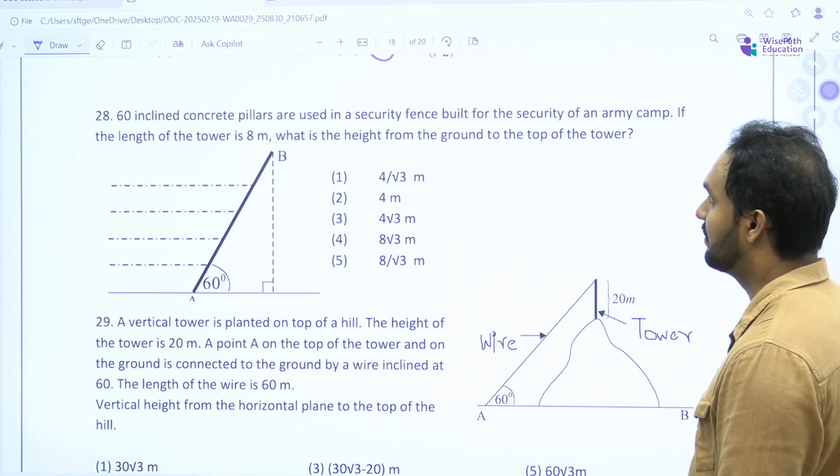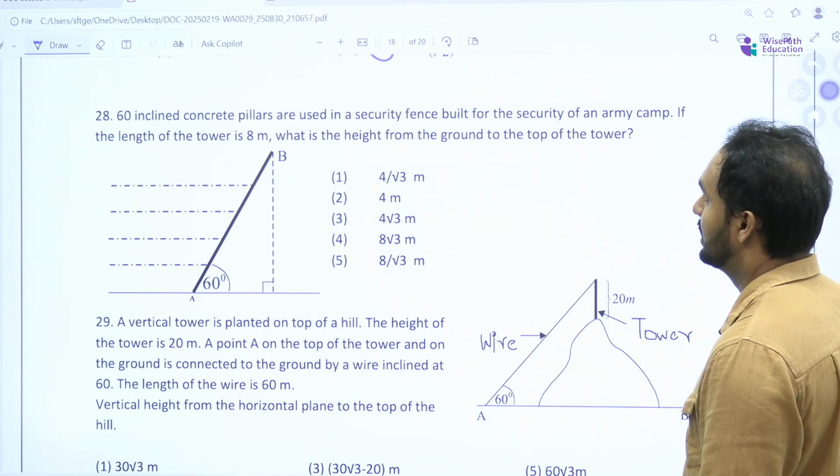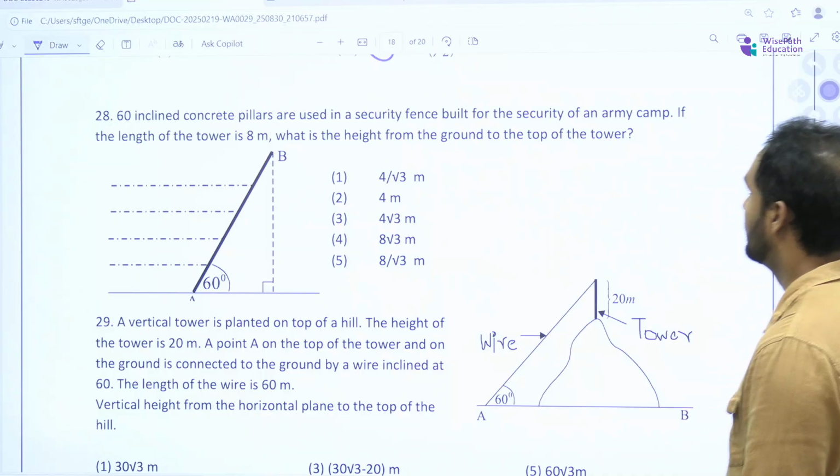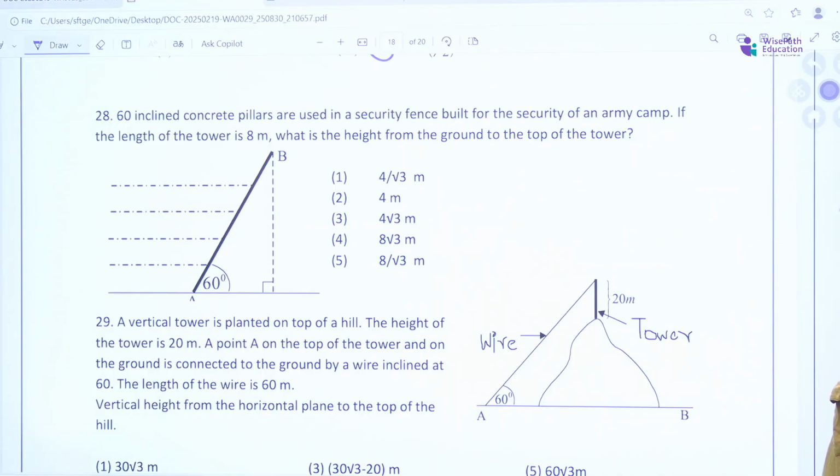If the length of the tower is 8 meters, what is the height from the ground to the top of the tower?